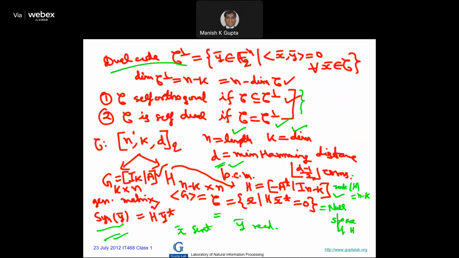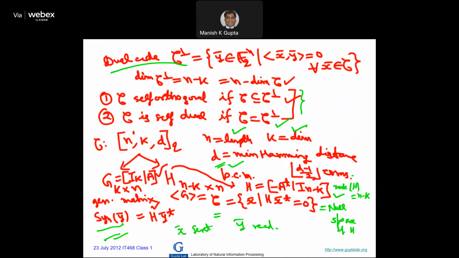For every vector in C, we are finding which are the vectors in the space that are orthogonal, and we are collecting them. That space is known as the dual code, and it is known that the dimension of C perp is n minus k. You must have heard about the rank nullity theorem.